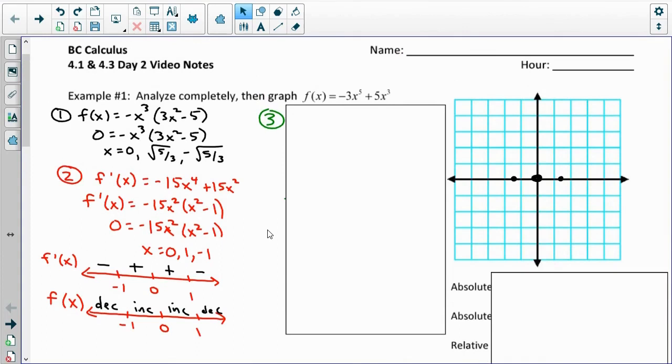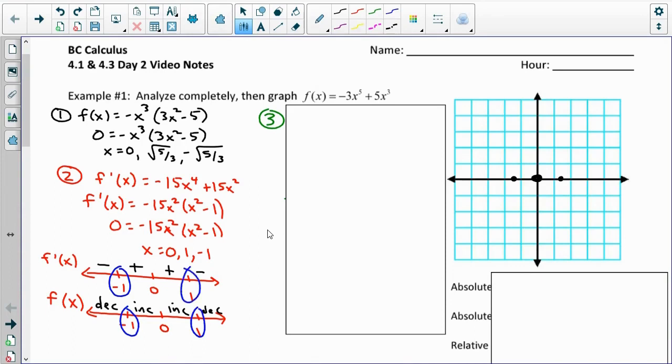So if we are looking at this, we're going to have what appears to be a local minimum at x equals -1, because we're going from decreasing to increasing, and a local maximum at x equals 1, because we're going from increasing to decreasing.